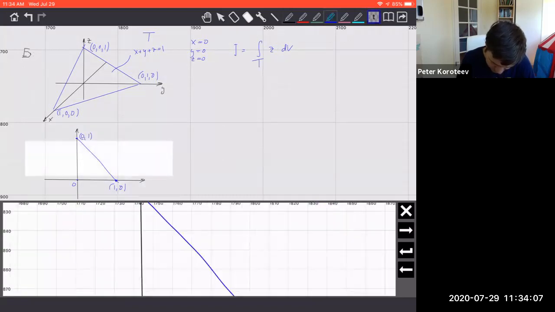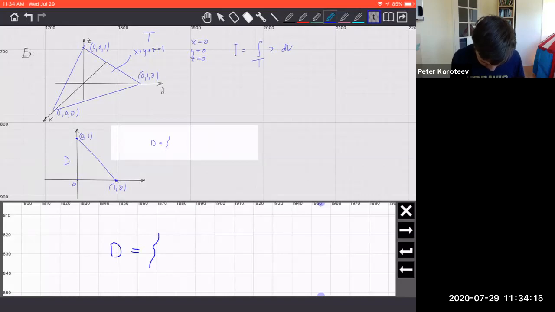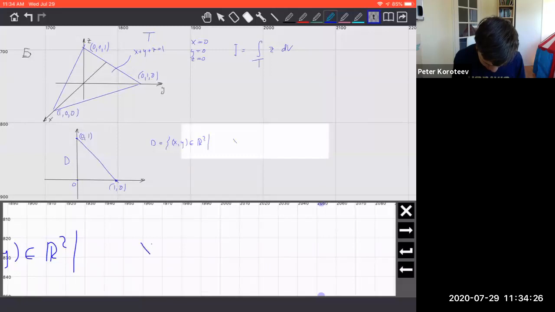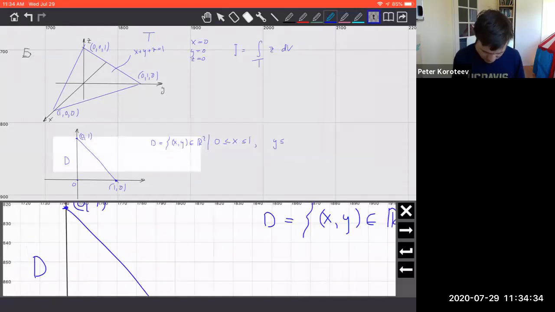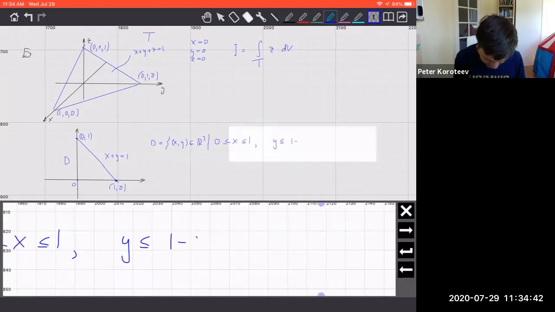So let's call this set D. D is given by the set of x, y in R2 such that x is between 0 and 1 and y is between, so this line is what? It's x plus y equals 1, and y is between 0 and 1 minus x.